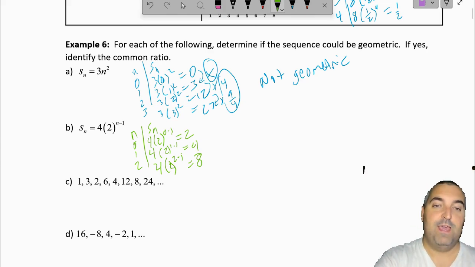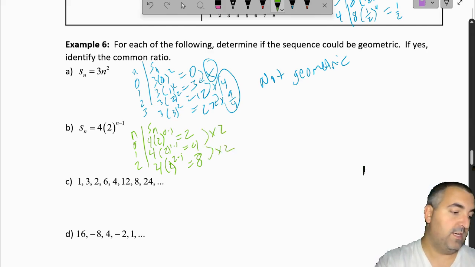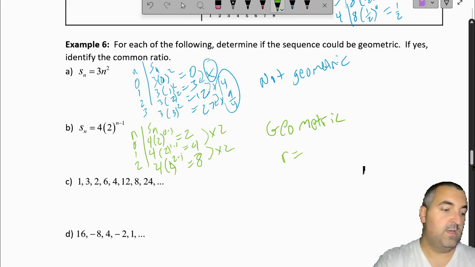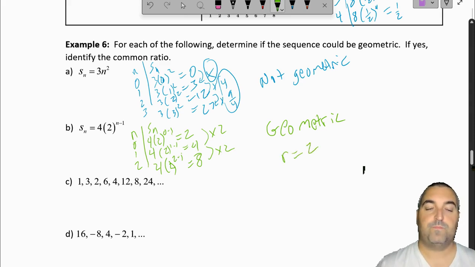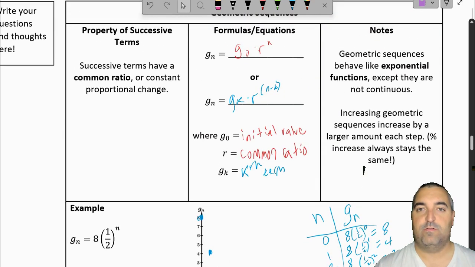There we go. Now we can already see I'm multiplying by 2 each time. So it is geometric because we're multiplying by the same number every time, and our common ratio is 2. You could have told by this one just because it was written in that format up here.